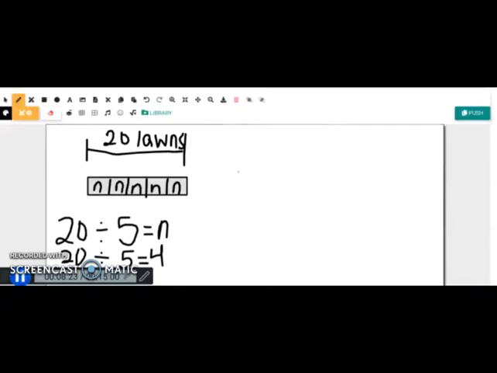So let's think about that. Now we're looking at, here's our original equation. Now we're looking at a difference in the number of lawns that she mows each week. So we have changed this number to 25 lawns.